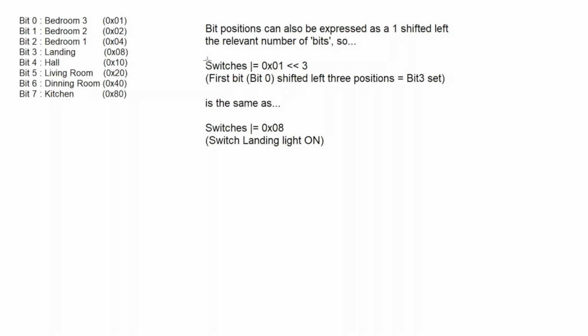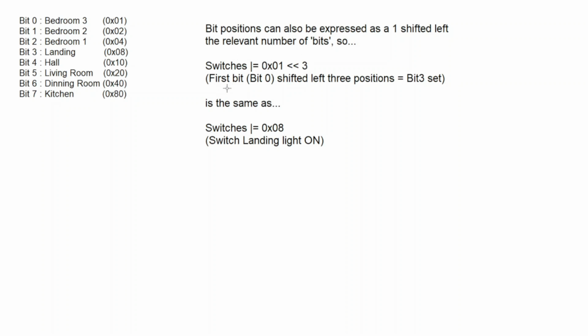So for example, if I was to say switches is ORed with the value hex 1 shifted left 3 bit positions, so instead of being bit 0 set, it's going to be 1, 2, 3, which would be bit 3 here, the 4th bit, and we're going to OR that value into switches.